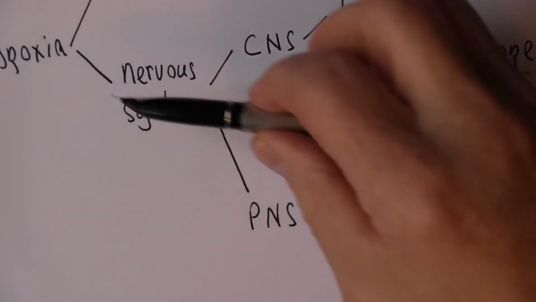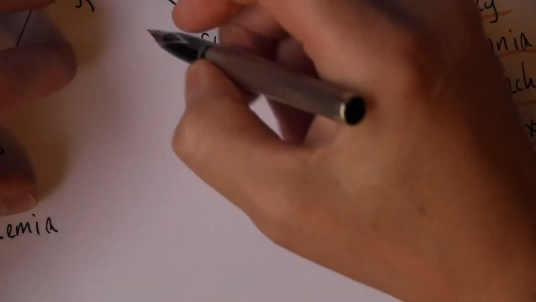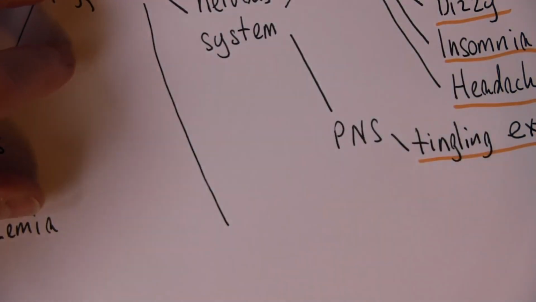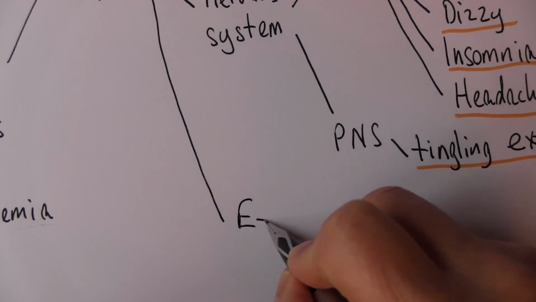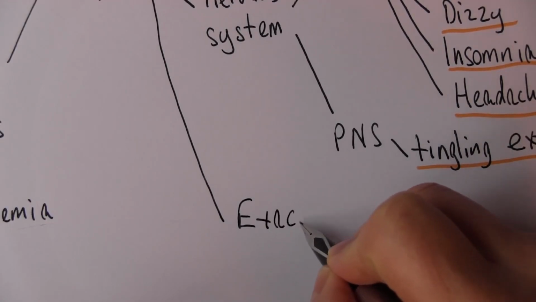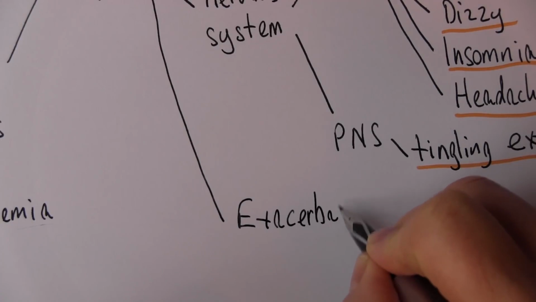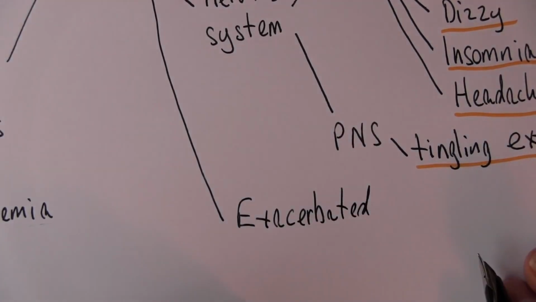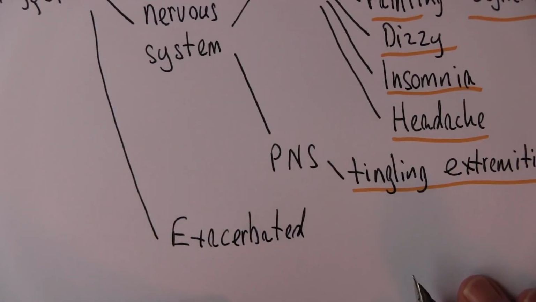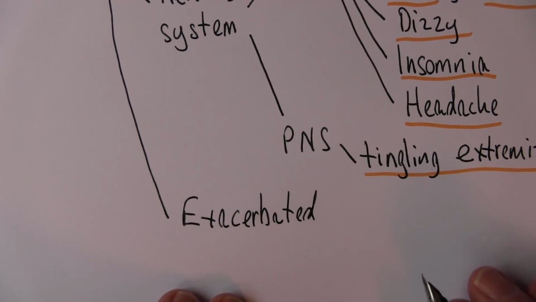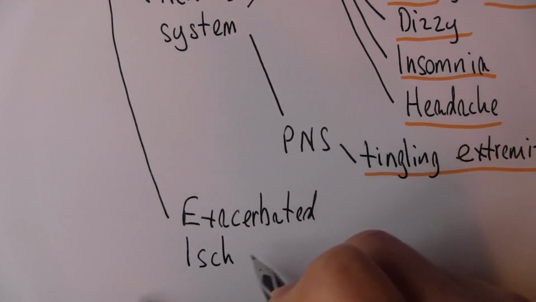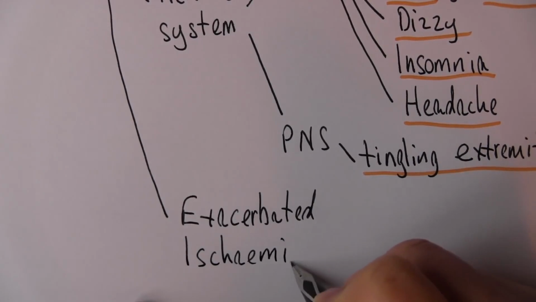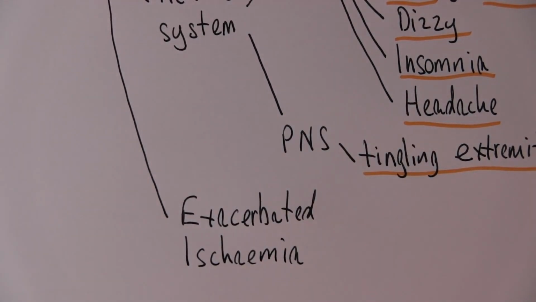Now, another feature of the hypoxia is other conditions can be exacerbated. There can be exacerbation. And exacerbated means to make worse. And there's exacerbated ischemia or ischemic conditions.